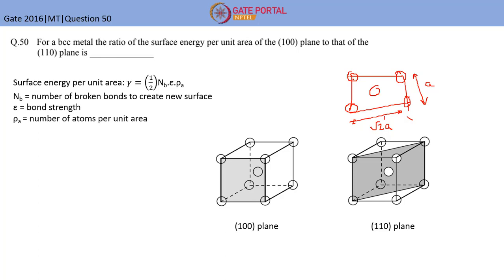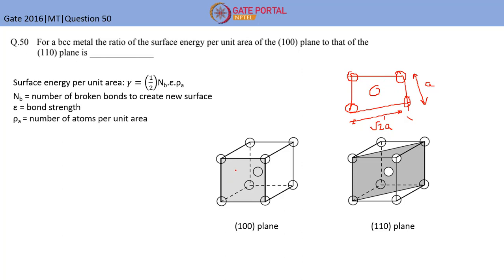So this is 1 by 4th of an atom, this is 1 by 4th, this is 1 by 4th, and this is 1 by 4th. So this makes 1, and you can see in the 2D projection this is a complete 1, this is not half or 1/4. So this is one atom, and this is another one atom consisting of 4 1/4 atoms. So here 1, and this 1/4 of 4 atoms, which consists of 2 atoms.